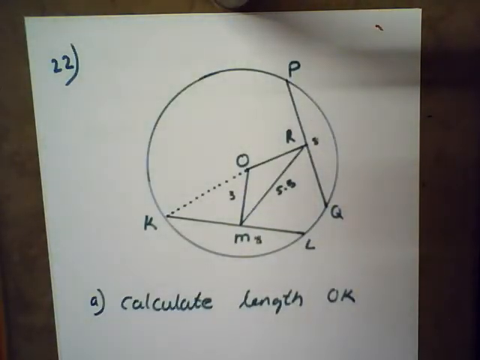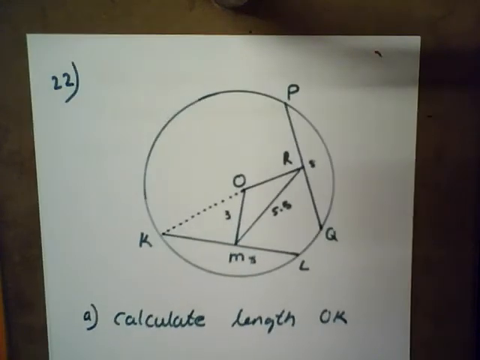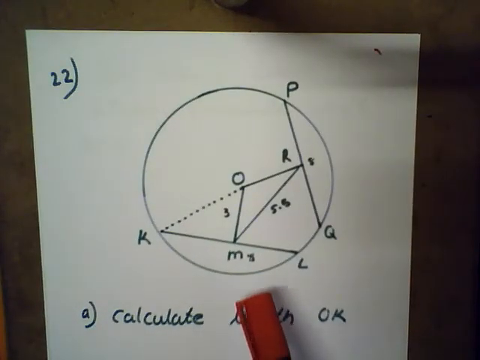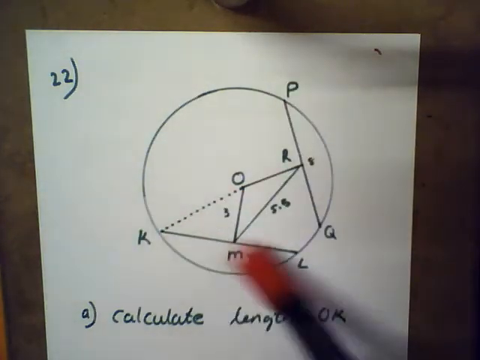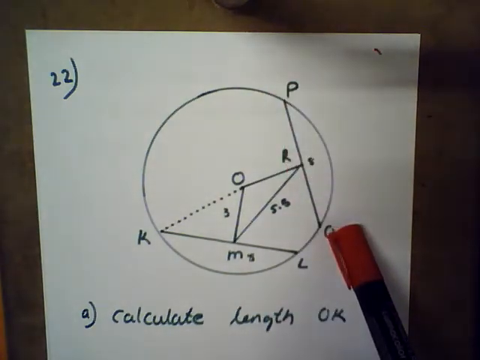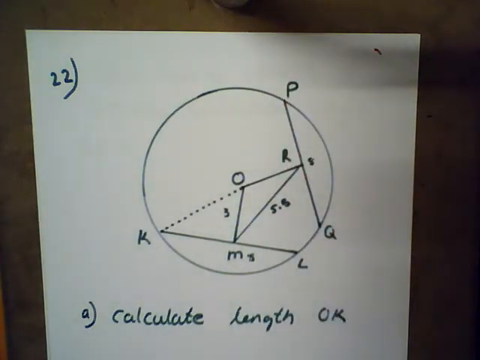Okay, let's quickly have a look at the next one. Question 22. Question 22 is the last question. It relies on a little bit of information, you have to know some rules. Okay, so in the circle O, with a center O, so this is important, it's from a center. The chords KL and PQ are each a length of 8 centimeters.